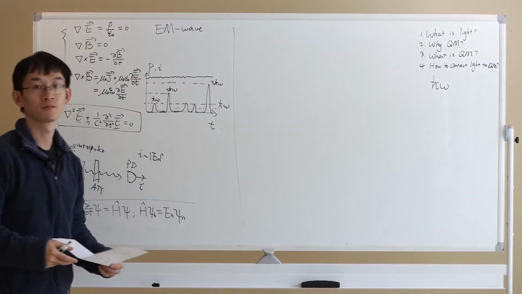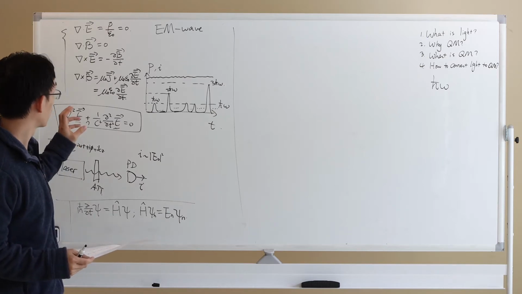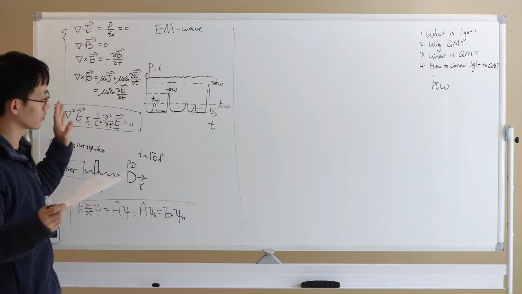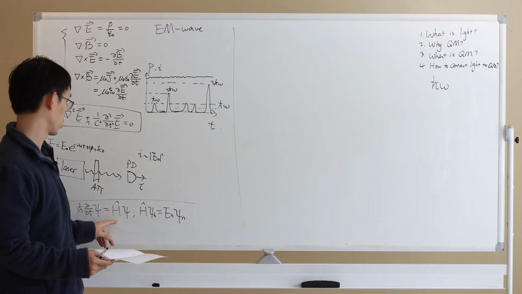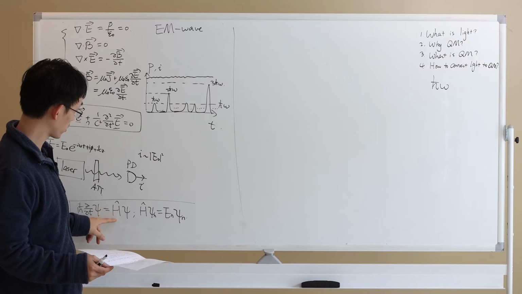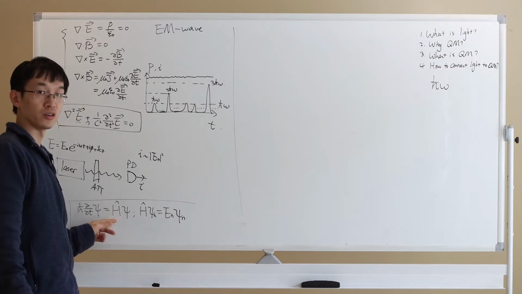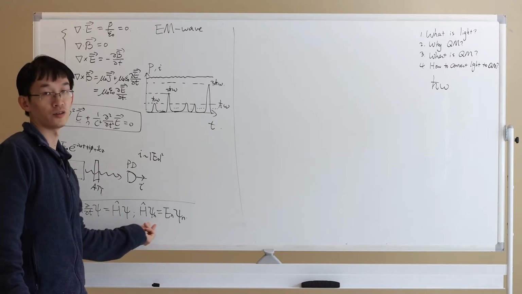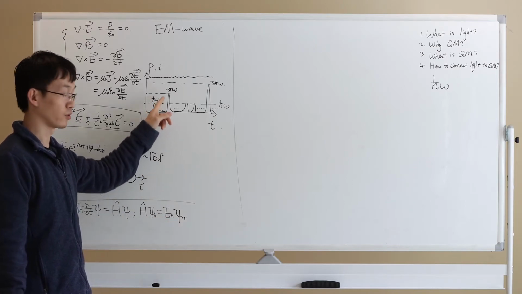So the key to quantizing the EM wave, not the Maxwell equation, just the EM wave, is to be able to write down the energy of the EM wave, the light, and then figure out a way to change some variables into operators. Then you will have a differential equation that you can solve for the eigenstates, and those are the possible energy levels for the photon.